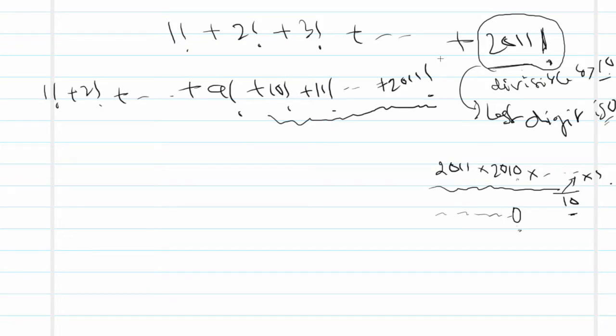So if you take this total sum, the last digit will be 0 because all these are divisible by 10 and therefore the sum is also divisible by 10. So you can write this big number as 10 times, let's say, m. Okay, you can write it, right? Because this number is divisible by 10. So it is 10 times m.